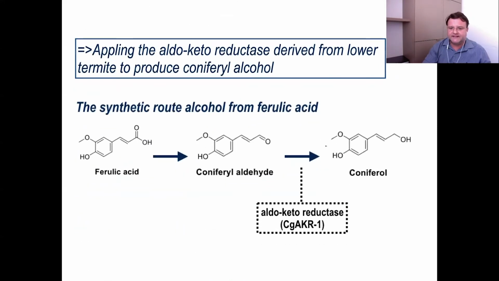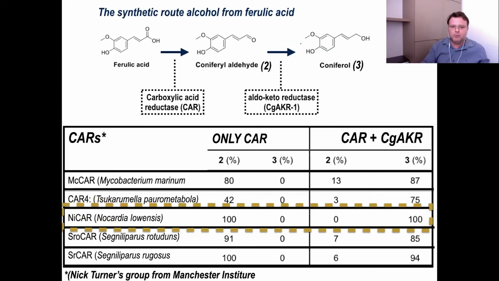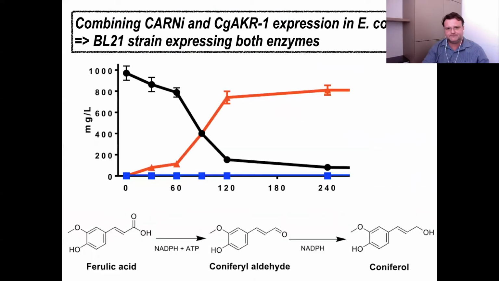And we decided to apply this aldo-keto reductase to produce coniferol, but we would need another enzyme, a carboxylic acid reductase. And we combined our aldo-keto reductase with several carboxylic acid reductases, and we found this carboxylic acid reductase from Nocardia that was very efficient in vitro to produce coniferol as end product.